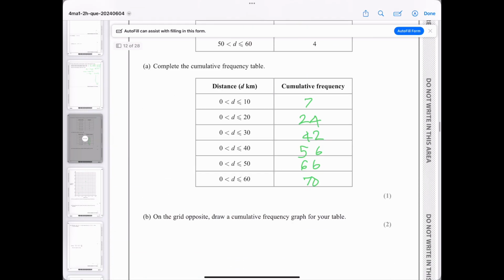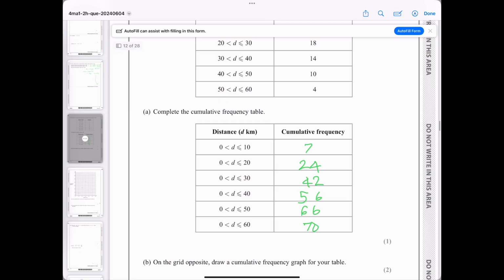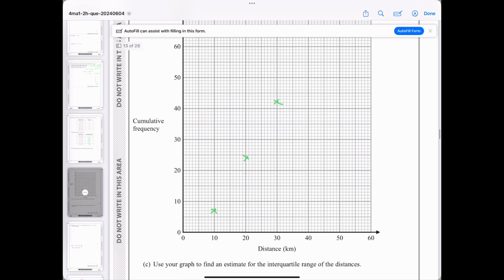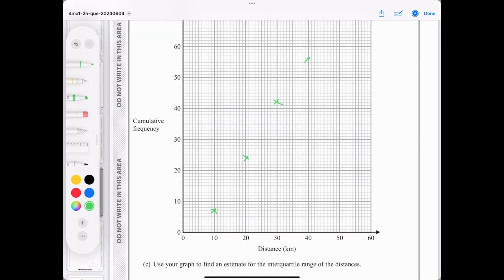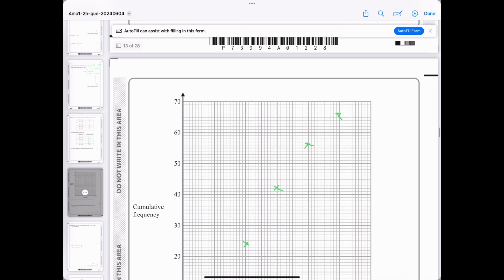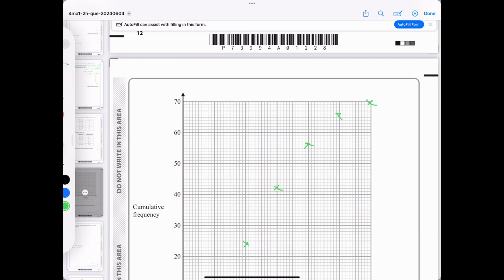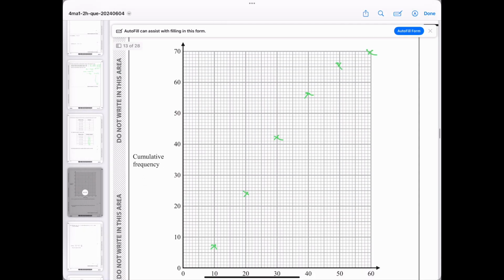At 40, we have 56. And then it goes 66 and 70 at 60. And now we do the lovely making it all look nice. Here we go.